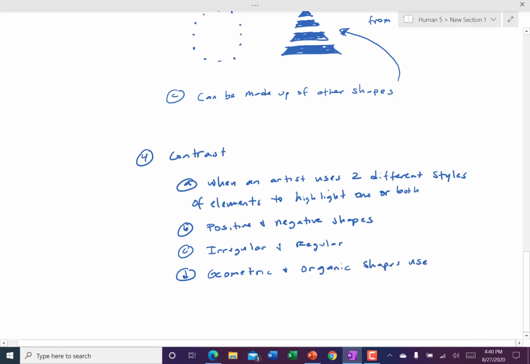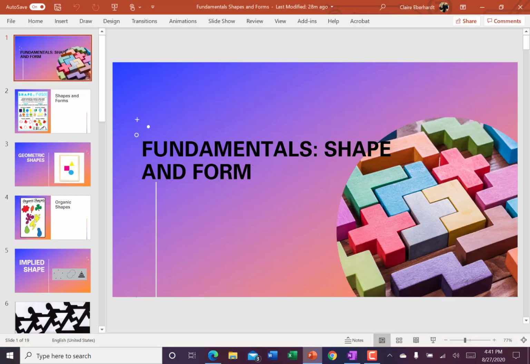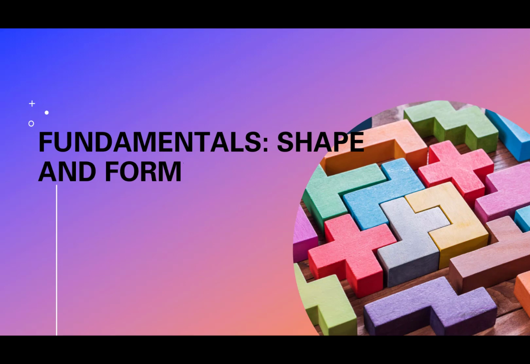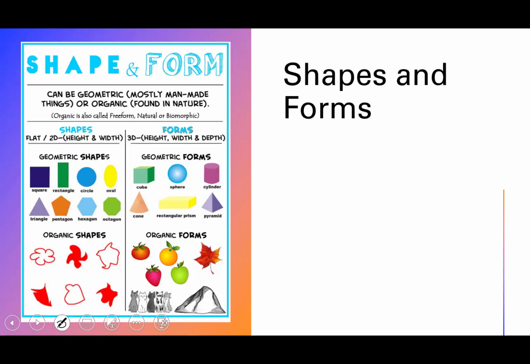And when you see art that only uses one type, it often stands out because that's not kind of how our world is set up. So let's take a look at a couple things, and then we will go back to look at positive and negative shapes. And I have a really good transition example.